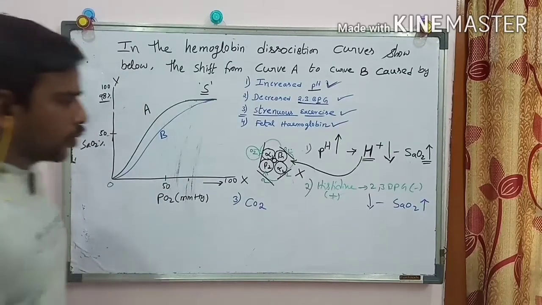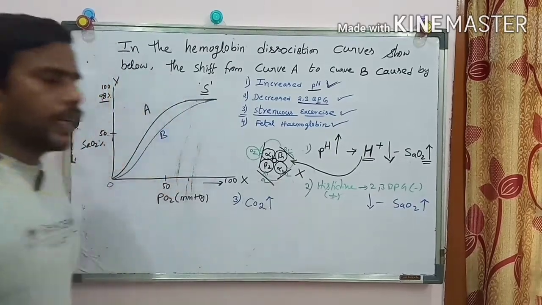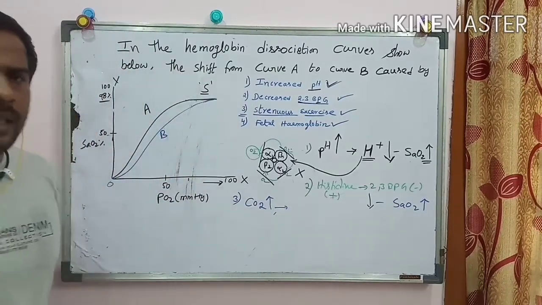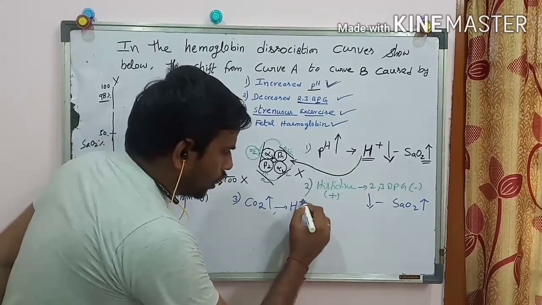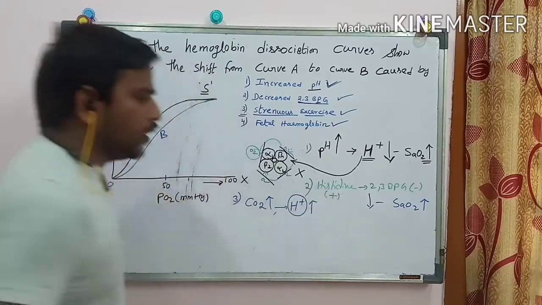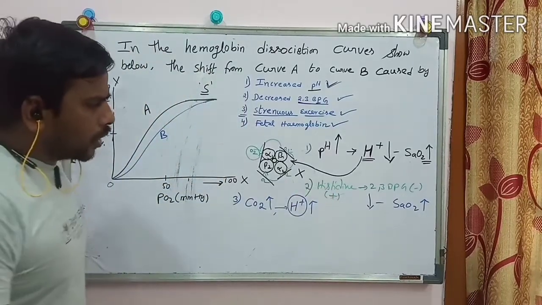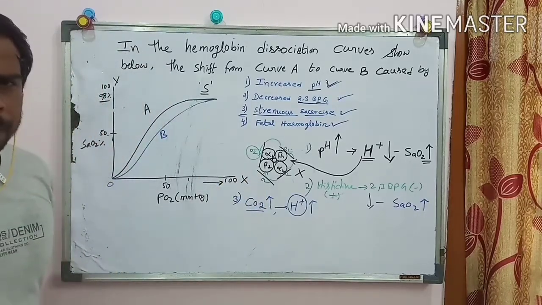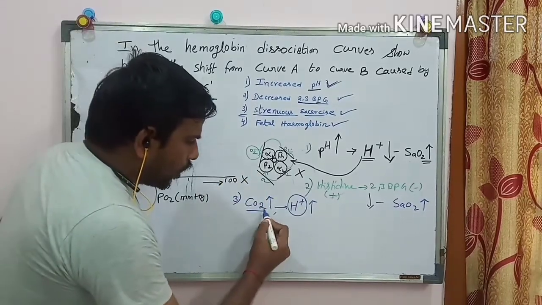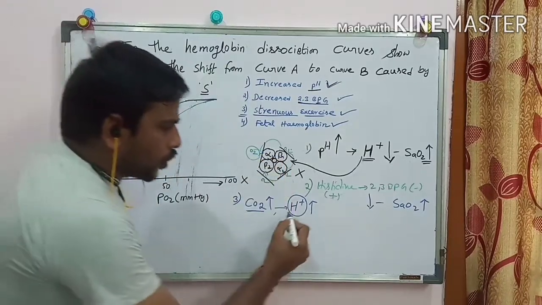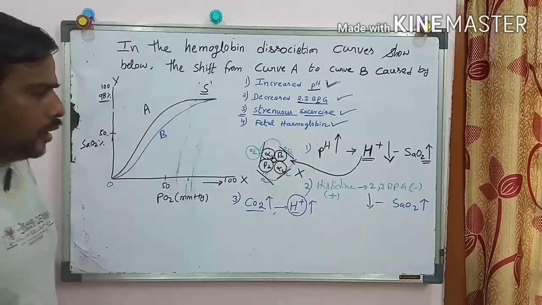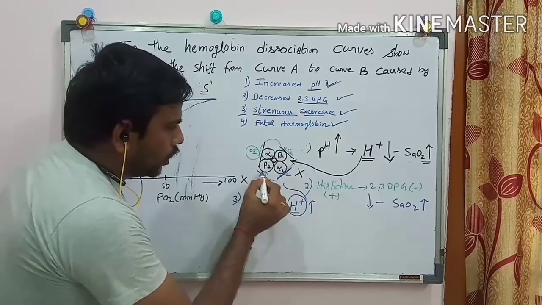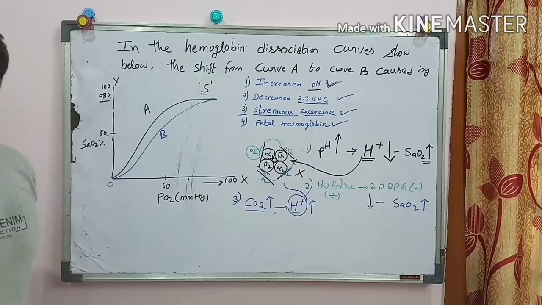CO2 concentration will increase. More CO2 produces carbonic acid, and it also produces more H plus ions. And you know one thing, this carbon dioxide can also bind to the hemoglobin, right? When carbon dioxide concentration is more, it produces H plus ions, an acidic condition, and this acidic condition again disrupts the bonds between hemoglobin and oxygen.